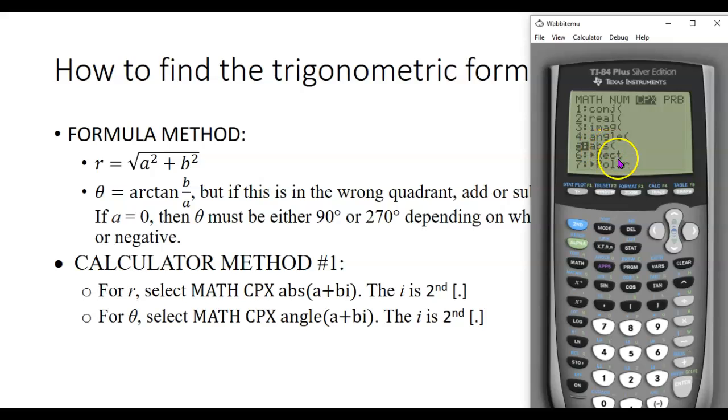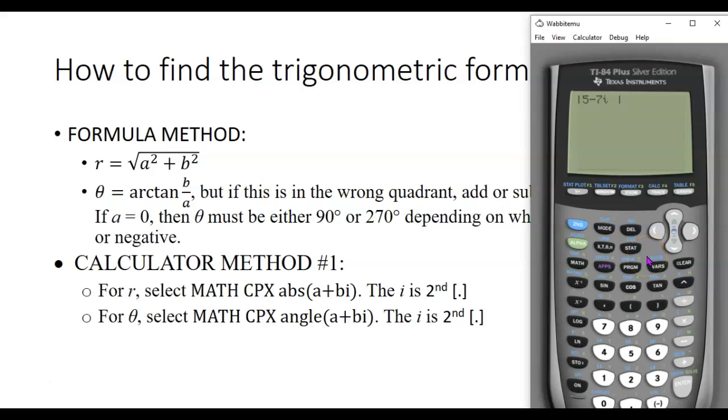That stands for absolute value. We're asking for the absolute value of a complex number. When I hit enter, now it's going to let me type in the complex number that I want the absolute value, or the r, of. The example we were looking at was 5 minus 7i, so I'm going to put that in as 5 minus 7i.